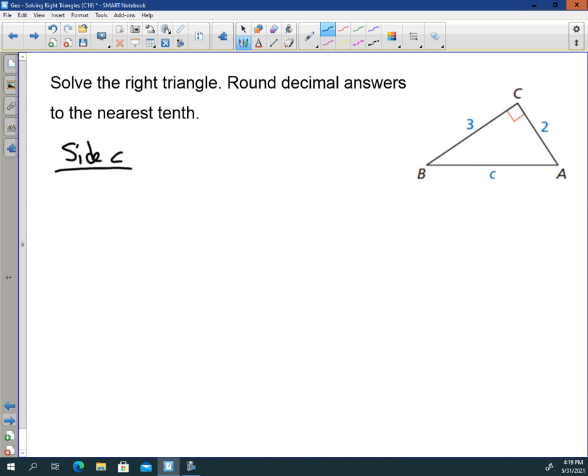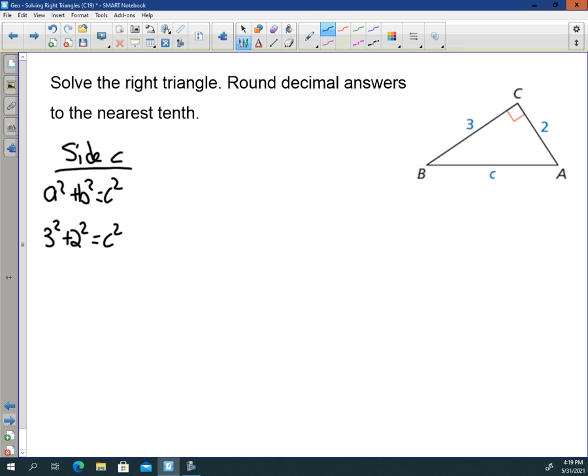Now if I have two side lengths and I want a third, I can throw those into the Pythagorean theorem, making sure that I put all the numbers in the right place. Now this C is the hypotenuse, and so I could say that 3 squared plus 2 squared equals C squared, which is the side I'm trying to find.